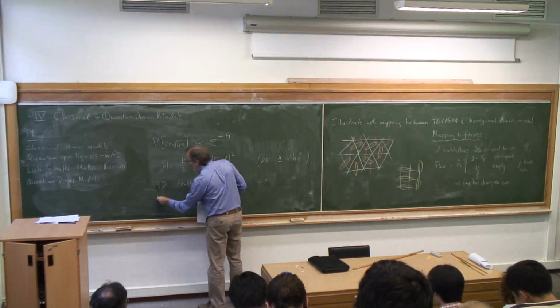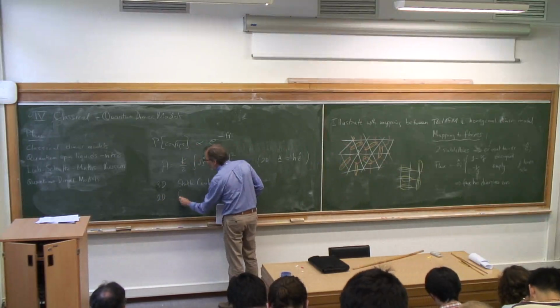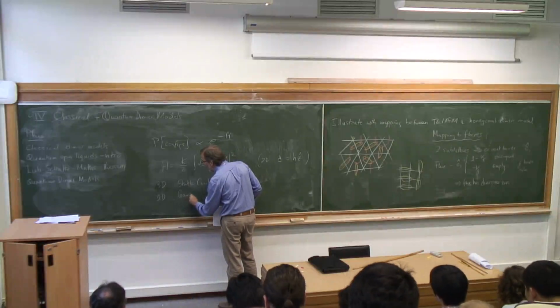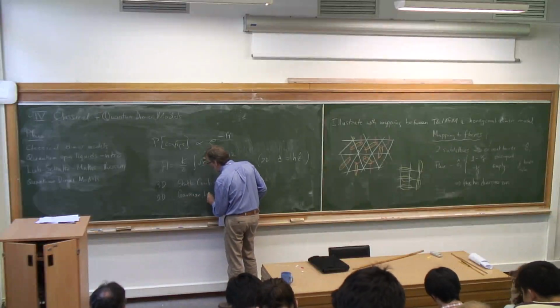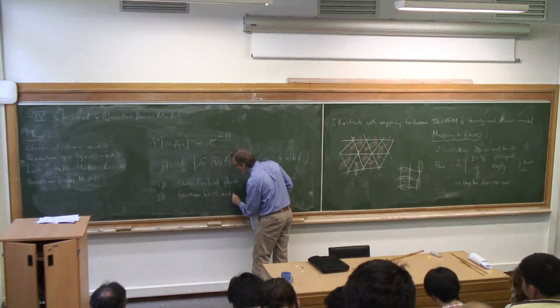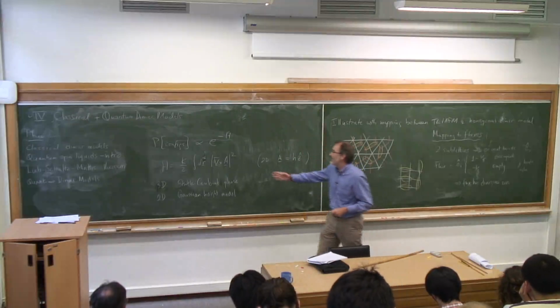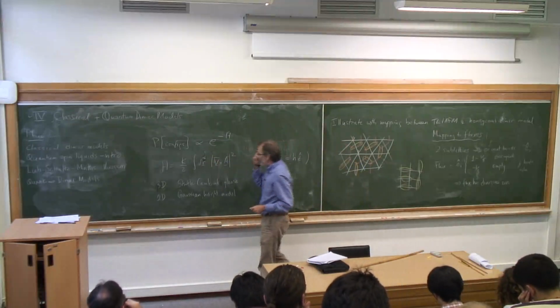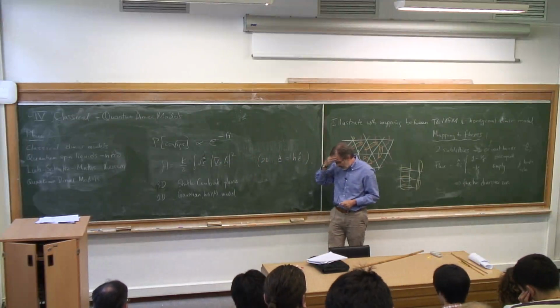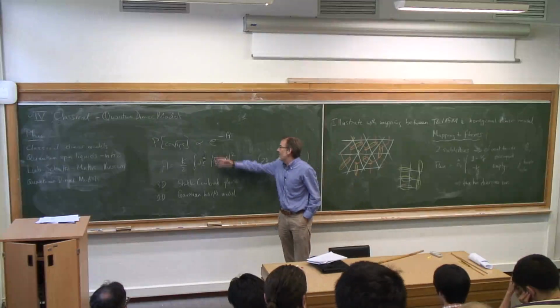And in 2D, you have a Gaussian height model, but in each case, you think of this as the first term in an expansion.